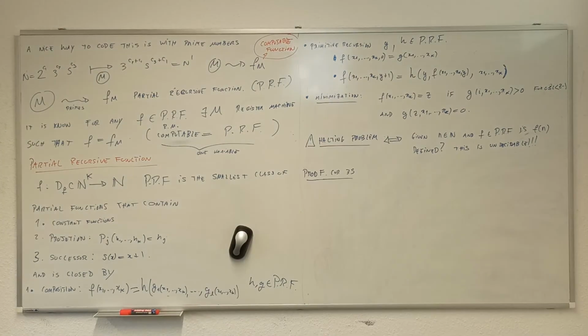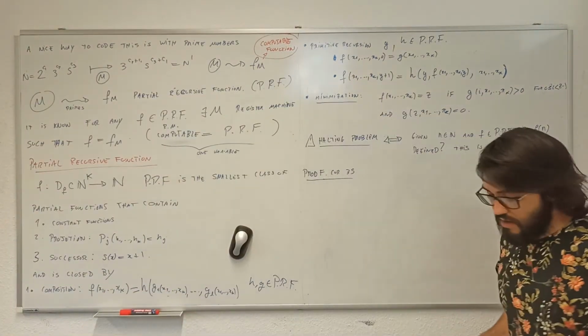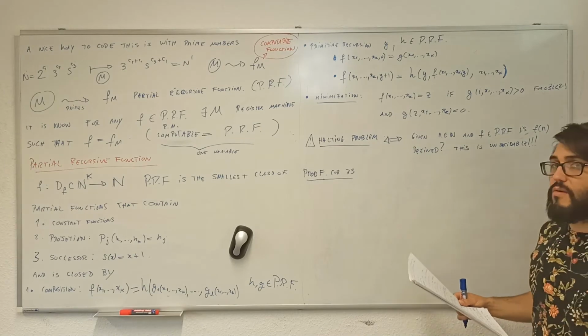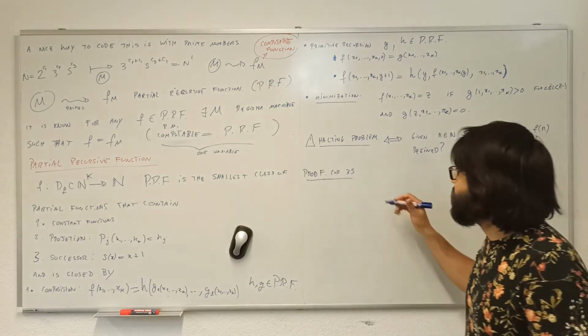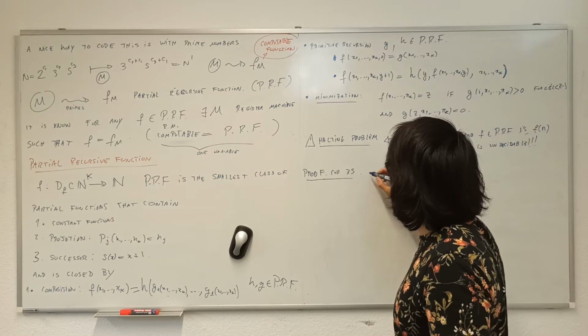Okay, so now let's prove corollary 35. Here I want to prove that there is no algorithm deciding the following.